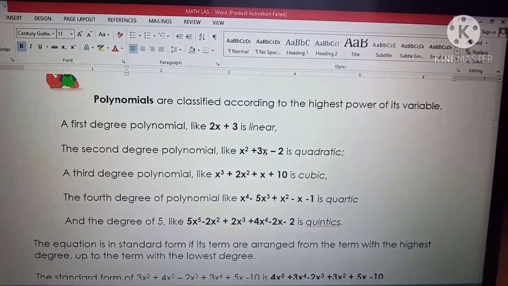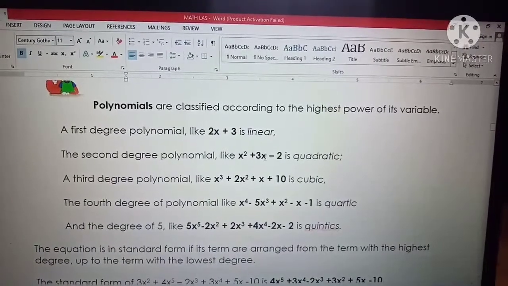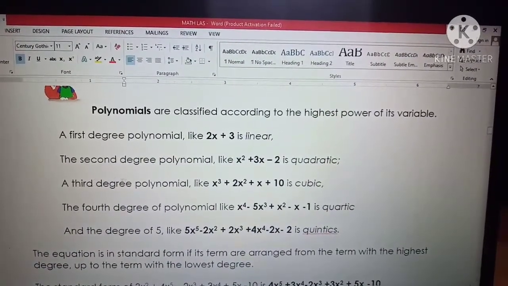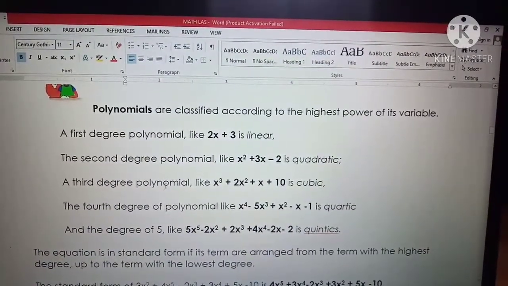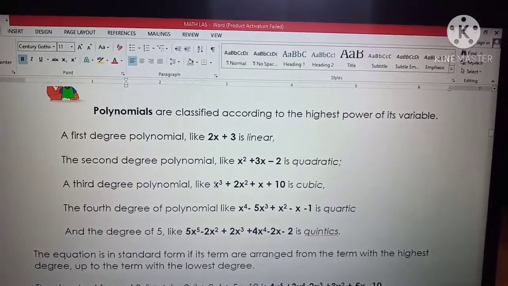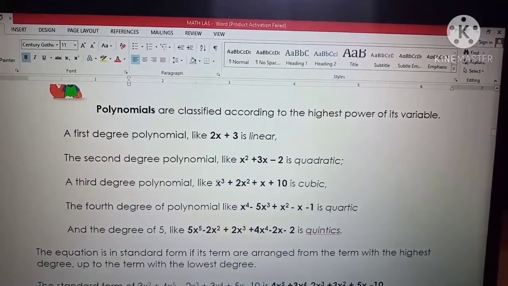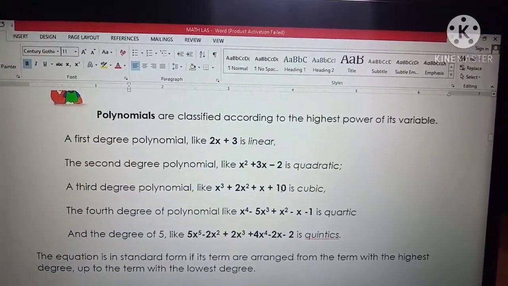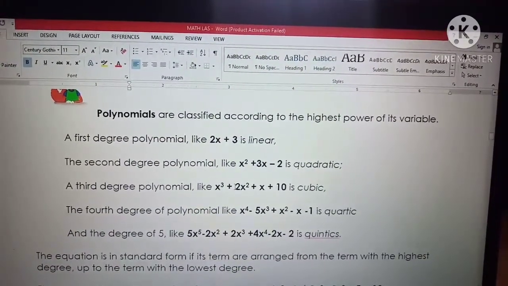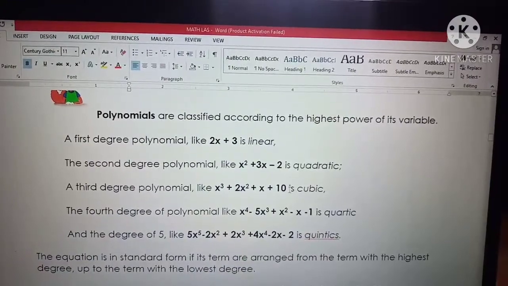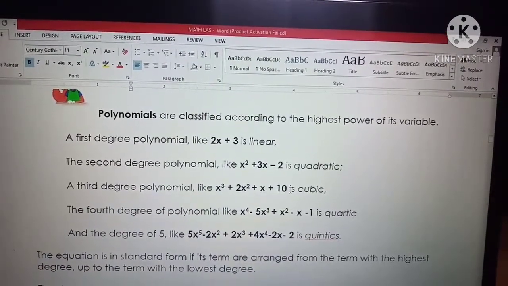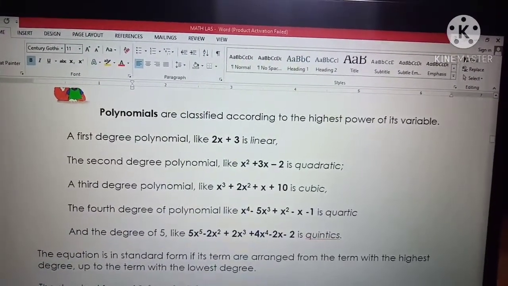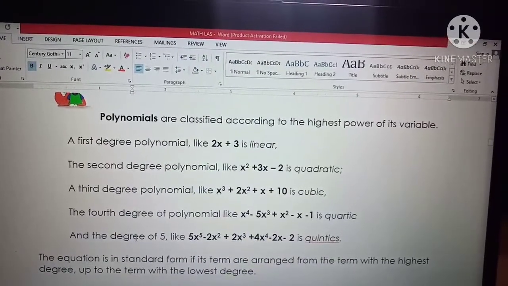Another, aside from the second degree, we also have the third degree of polynomial. The example is x cubed plus 2x squared plus x plus 10. The third degree of polynomial is what we call the cubic equation. So we also have the fourth and the fifth degree.